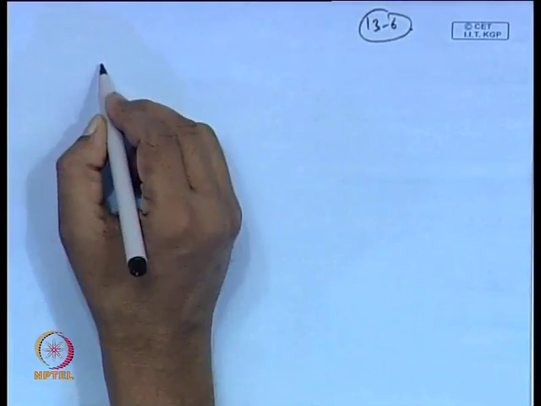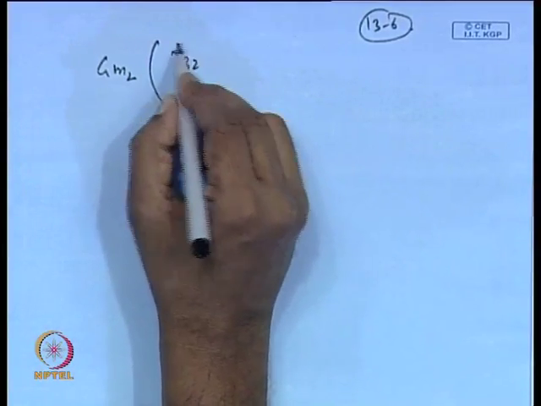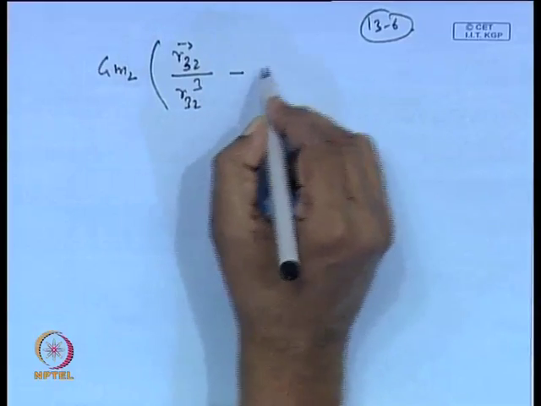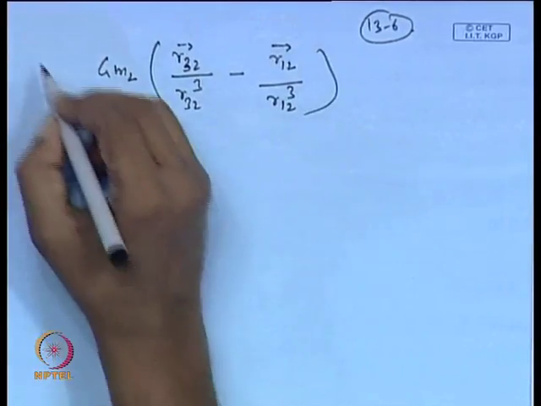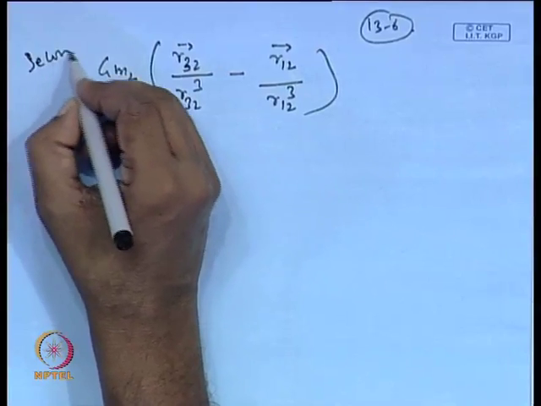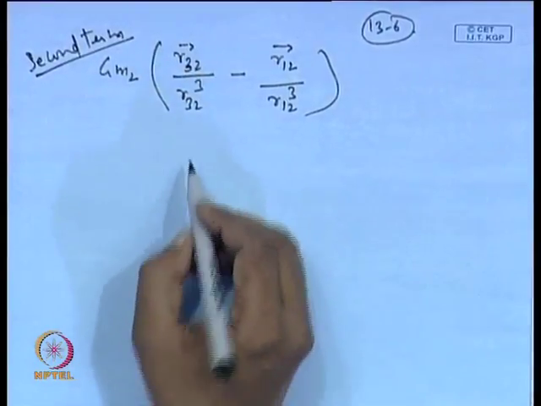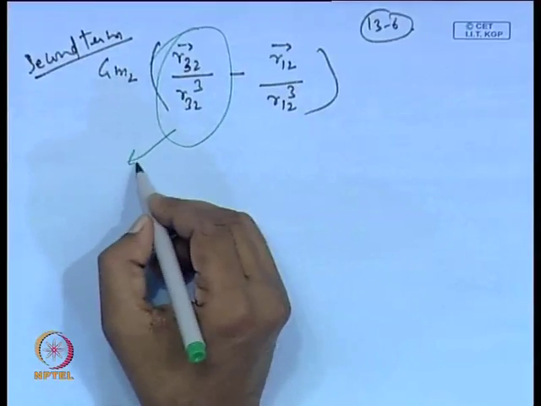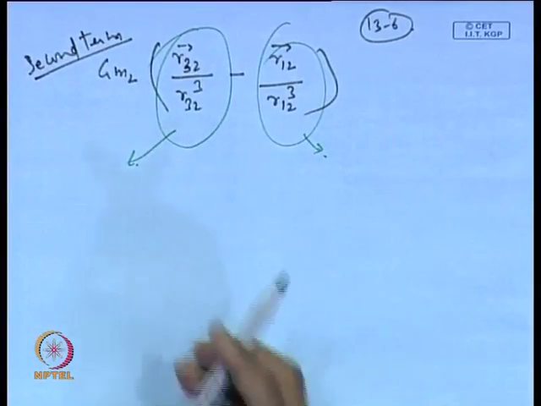Now, the second term, which consists of G m2 times R32 by R32 whole cube minus R12, this term here and this term here, okay, we analyze them.